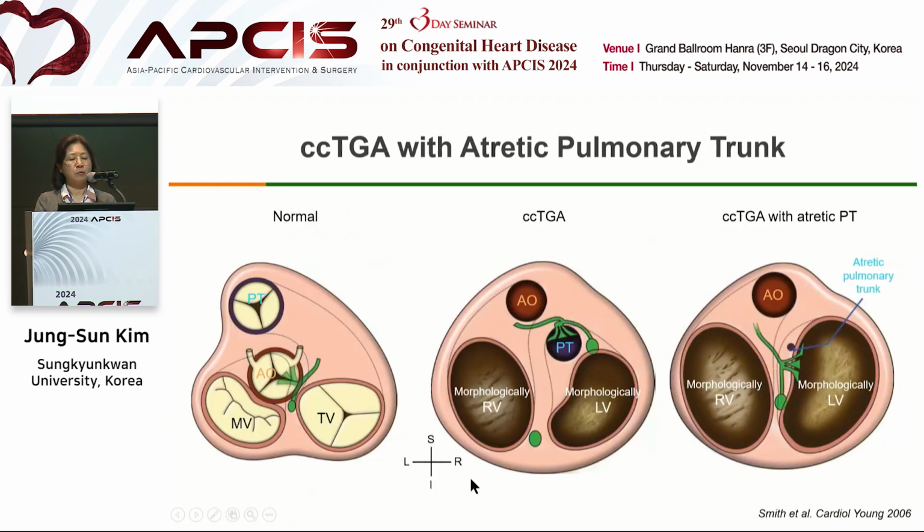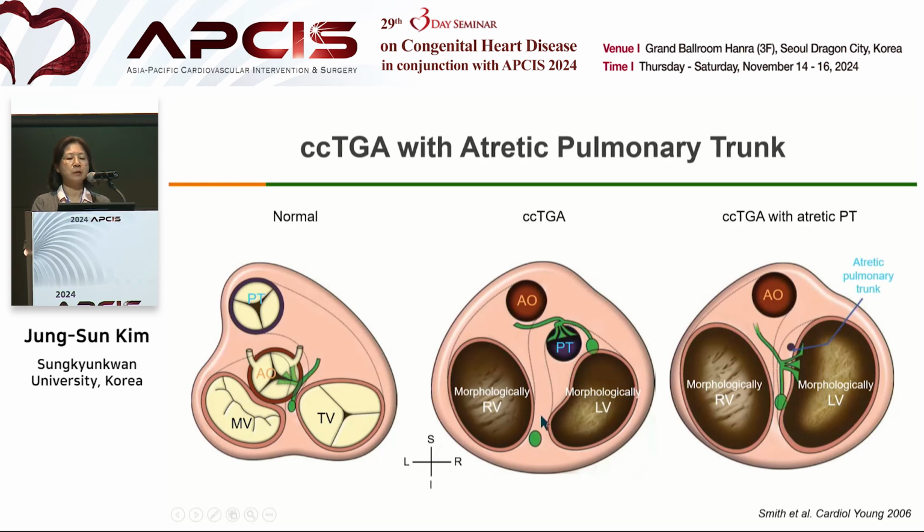There are a few exceptions in the disposition of atrioventricular conduction tissue in corrected TGA. In cases where the pulmonary outflow tract is atretic or narrowed, the septal alignment is rather normal, so the malalignment is reduced.